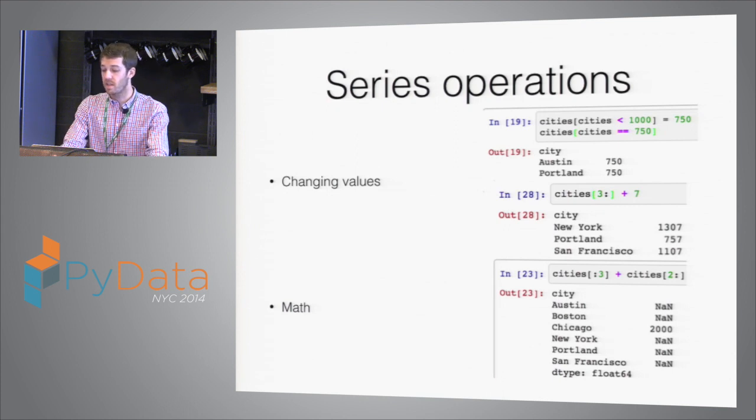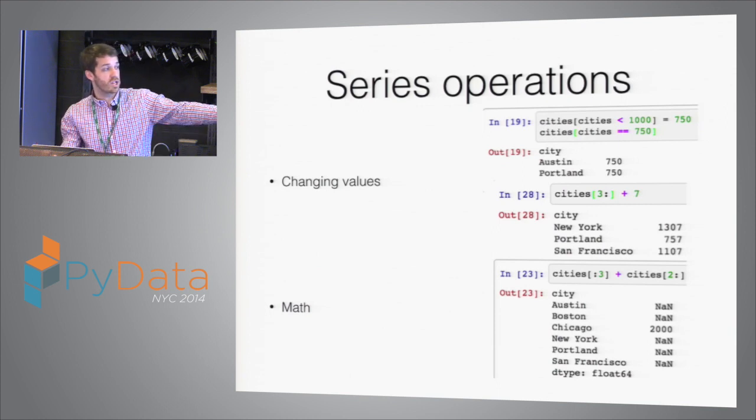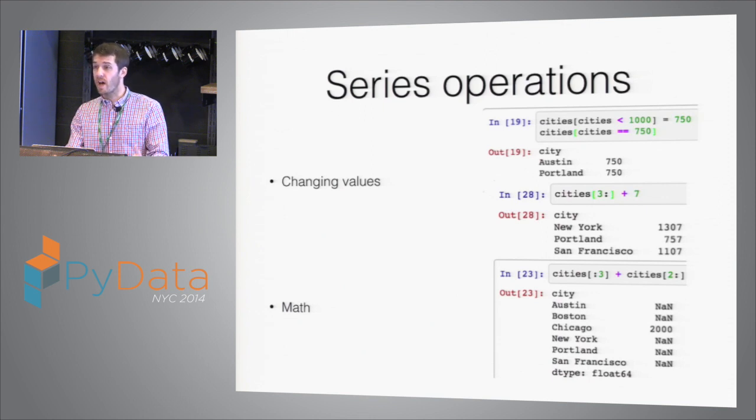In that last example, since we're slicing the city series, the only city that's actually shared between the two is Chicago. All of the other cities return None, because when you add None to a value, it returns None. The absence of a value can never create another value. Make sense? Okay, cool.